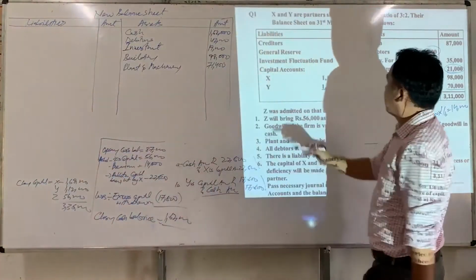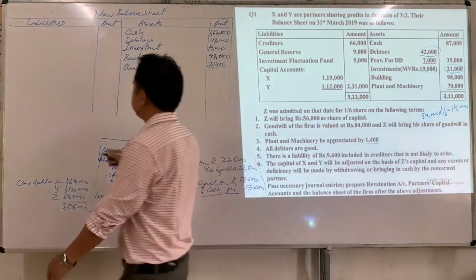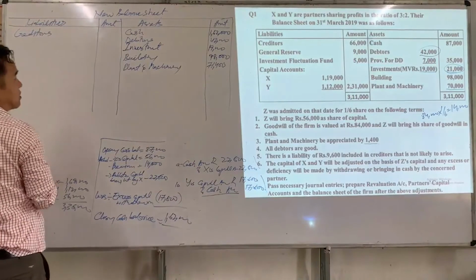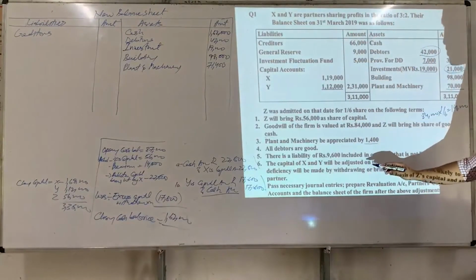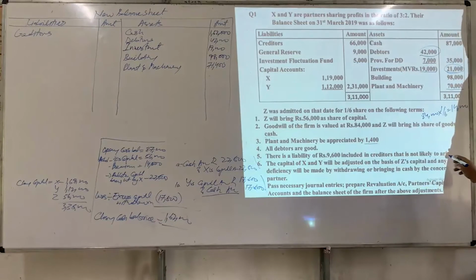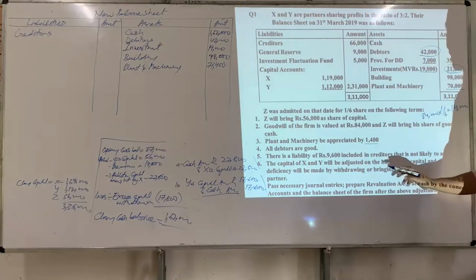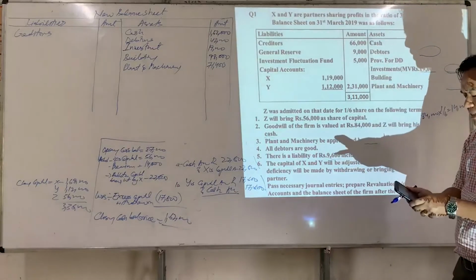Now we need to look at the liability side. The first item is creditors. So what are the creditors? Yeah, 66,000. In the additional information, rupees 9,600 is not likely to be claimed, so the amount to be paid to creditors will be decreased by 9,600. So this 9,600 should be deducted from 66,000.